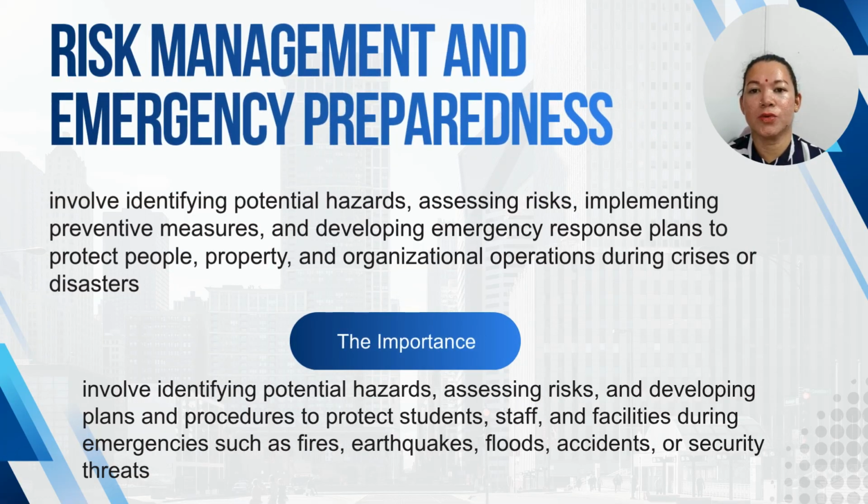Next is risk management and emergency preparedness. This involves identifying potential hazards, assessing risk, implementing preventive measures, and developing emergency response plans to protect people, property, and organizational operations during crisis or disaster.